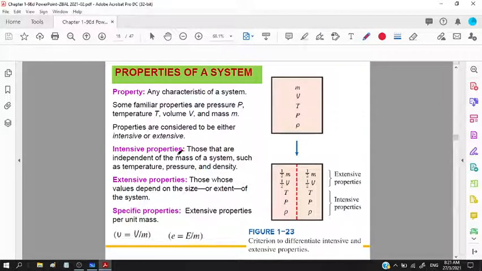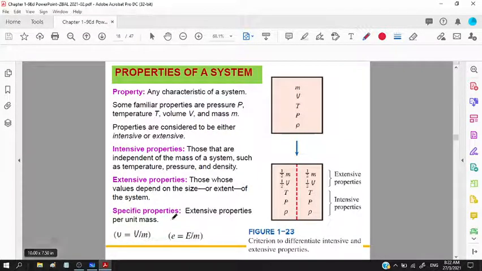And we have three types of properties: extensive, intensive, and specific property. Intensive properties are properties which do not depend on the size of the system, whereby extensive is vice versa, where extensive properties depend on the size of the system.